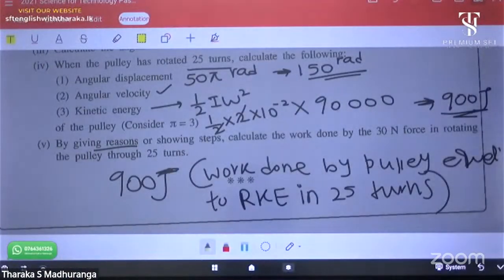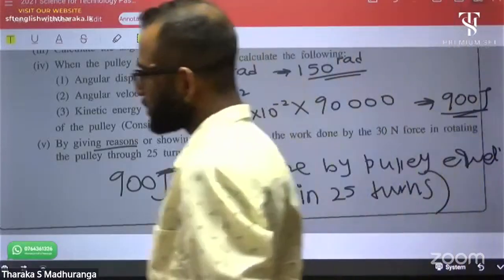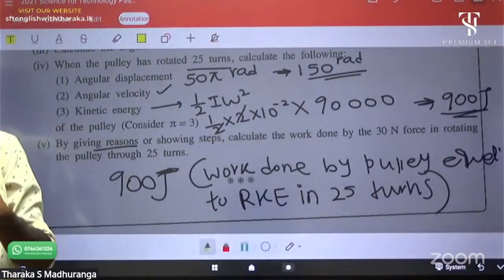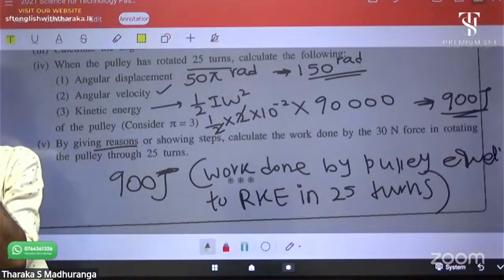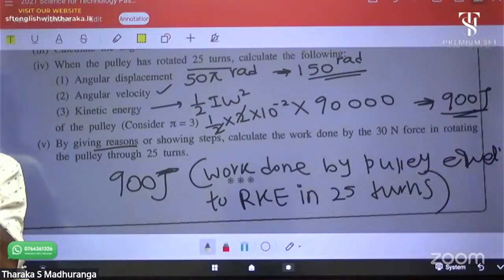Let's say I rapidly completed it. Okay, any doubt? That is the answer. Any doubt, Nabil? I completed rotational motion.